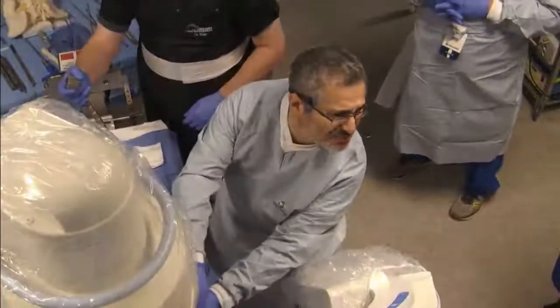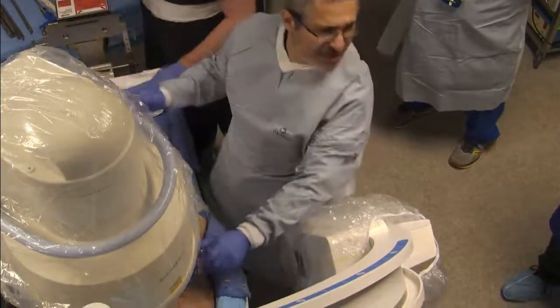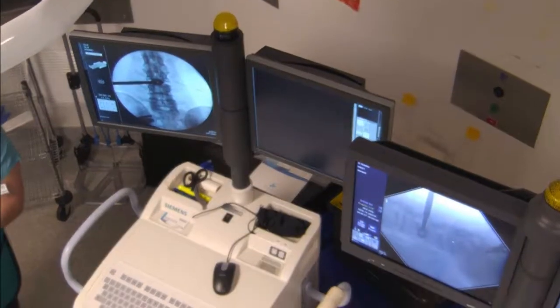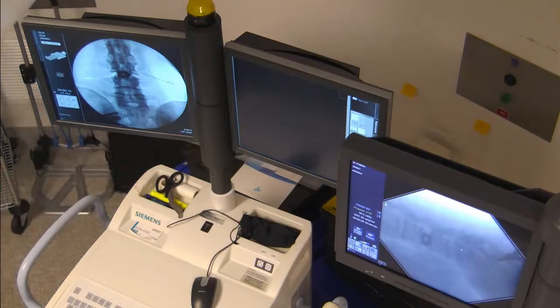X-ray, mallet. X-ray, Cobb or the wrench, I got it. Small mallet. This time, X-ray, done.